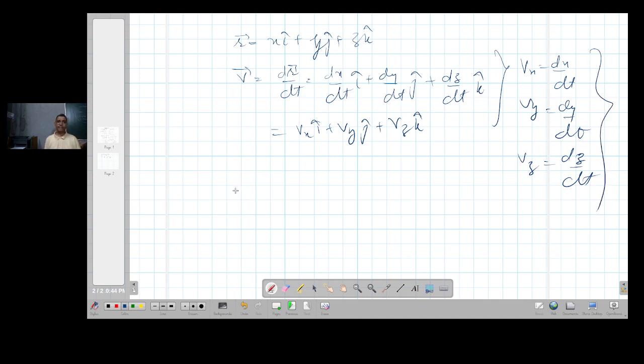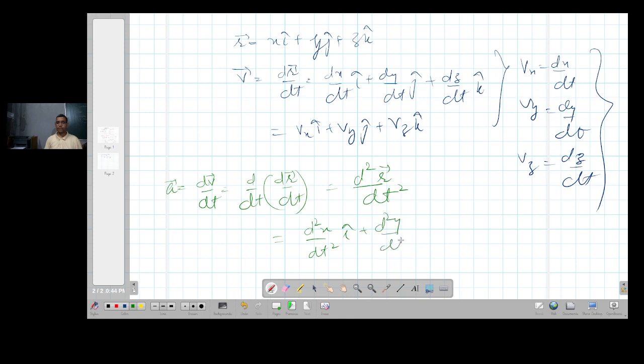And in a similar fashion, we can write down the value of the acceleration, because acceleration is basically the derivative of velocity with respect to time. Velocity is basically dr upon dt, so it is the second order derivative of the position vector with respect to time. In terms of its Cartesian components, it can be written as d square x over dt square i cap, d square y over dt square j cap and d square z over dt square k cap.